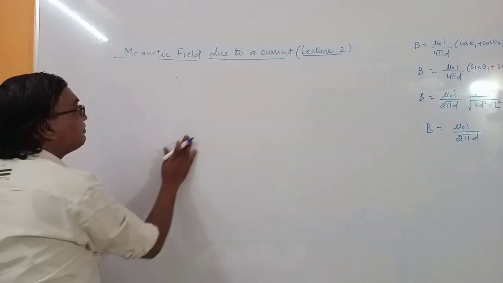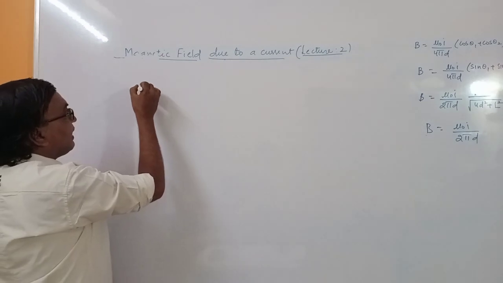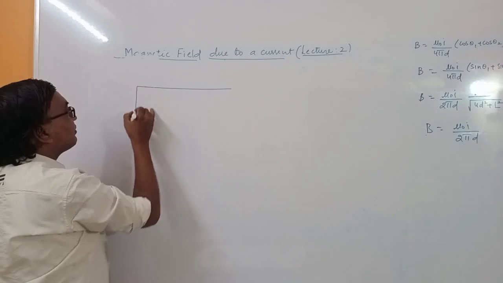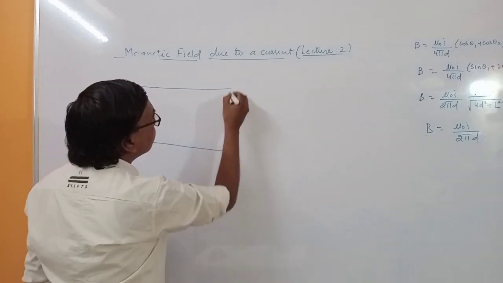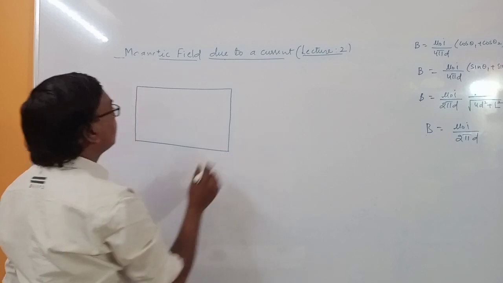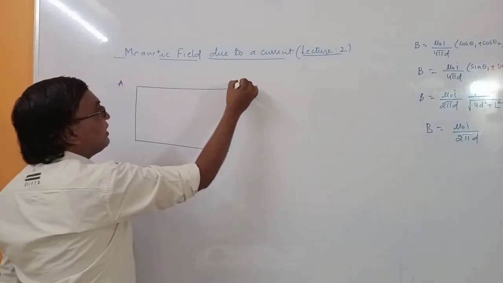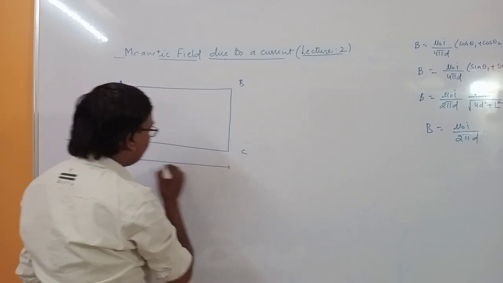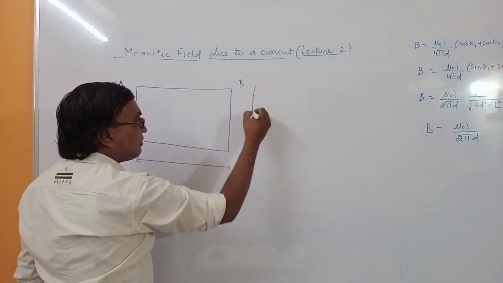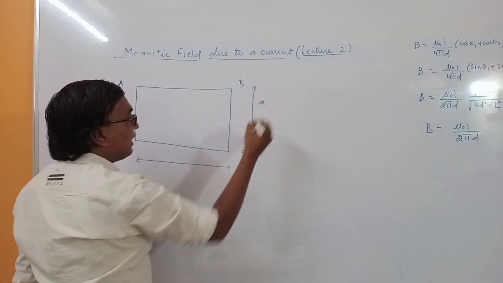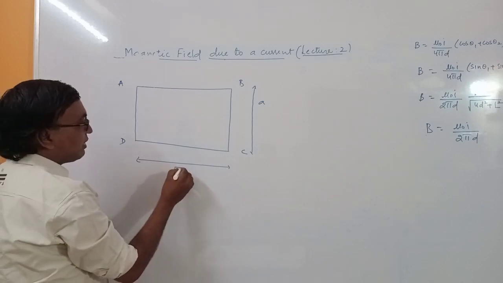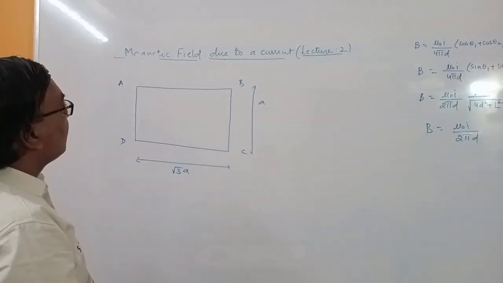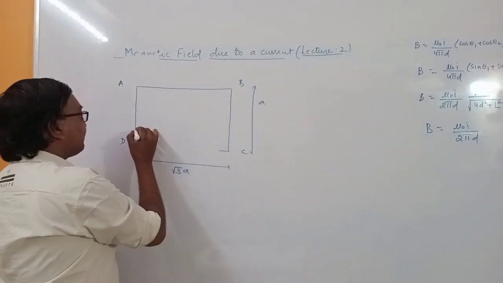So next problem, एक rectangular loop लेते हैं. So this is a rectangular loop. A, B, CD and its length is, इसका लेंथ हम लेंगे A और इसका लेंथ हम लेंगे √3A, √3 times A, some units, okay, or standard units.